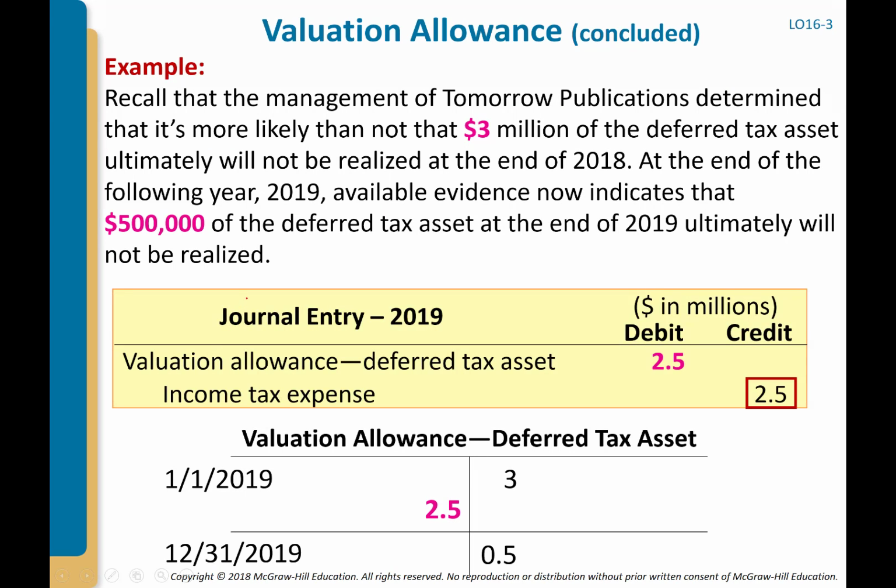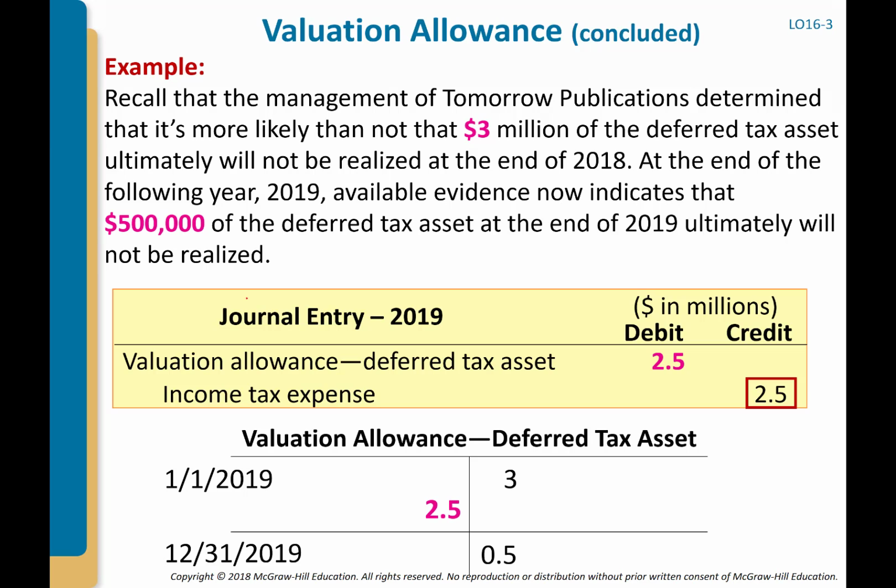Okay, now, it's similar to what we've seen for the deferred tax asset and liability approach. For the valuation allowance, you look to see what you need in the valuation allowance versus what's there. So if in the next year they determine they only need $500,000 in the valuation allowance, and they're sitting there with $3 million, to end up with only 0.5, they have to debit the valuation allowance for 2.5, right?